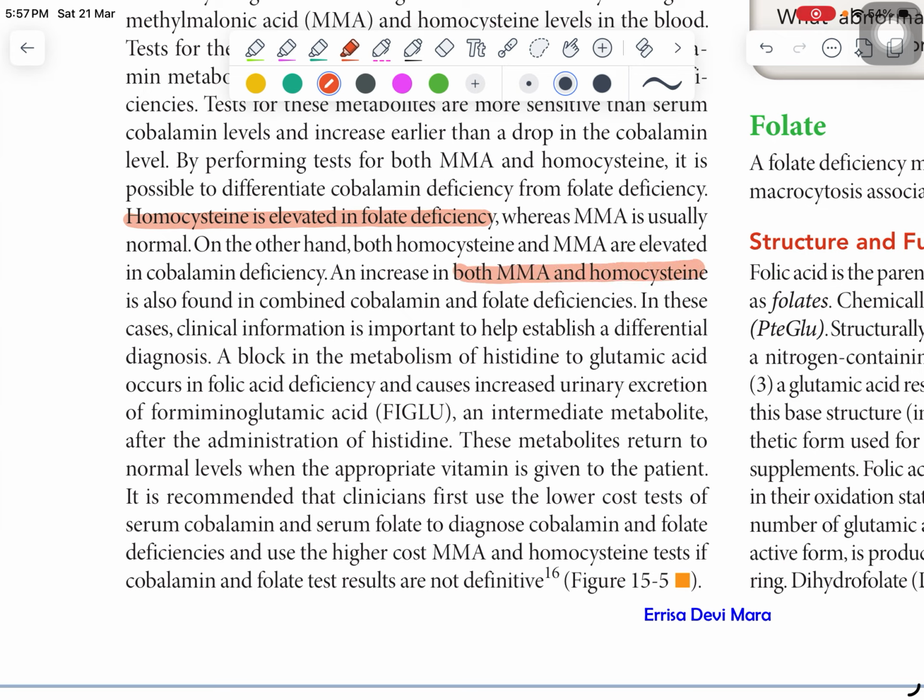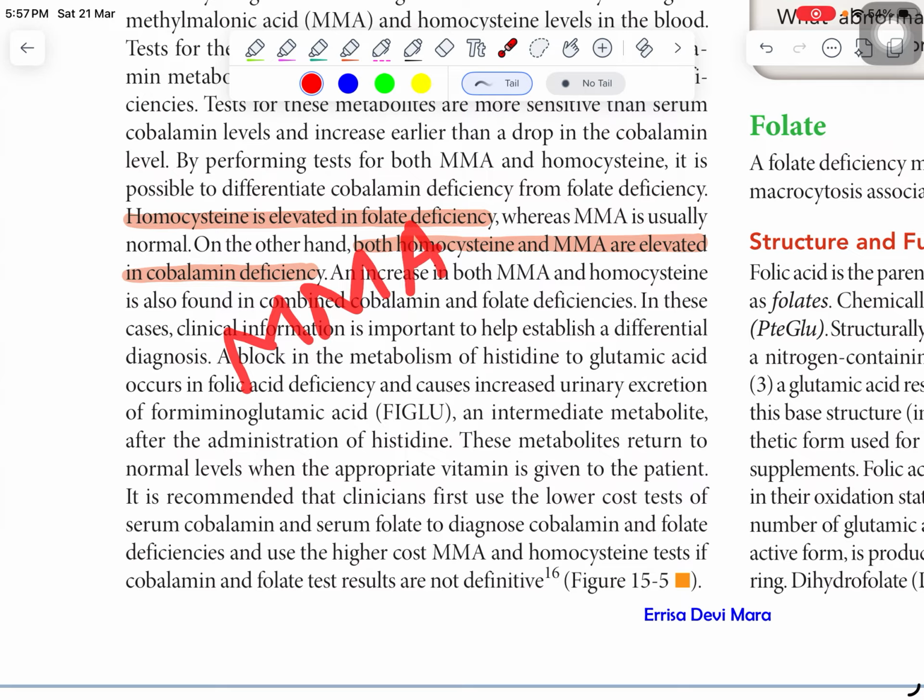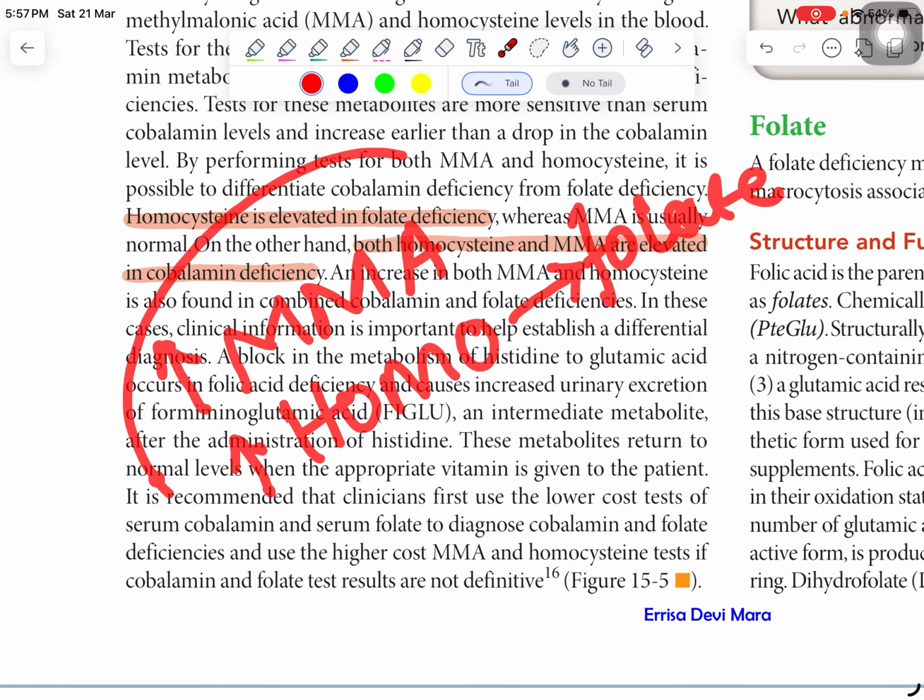We have tested for the MMA and we have tested for the homocysteine. If homocysteine alone is increased, then it is folate deficiency. If MMA and homocysteine both are increased, then it is B12 deficiency.